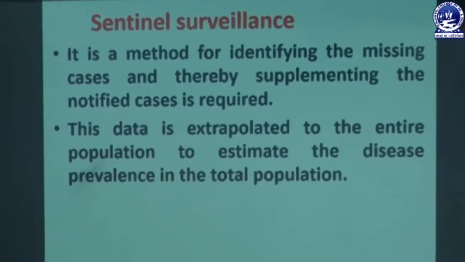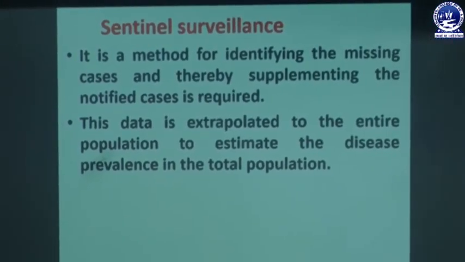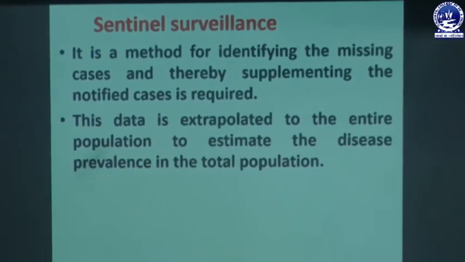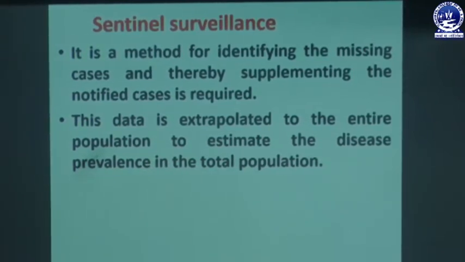Next is sentinel surveillance. It is a method for identifying the missing cases and thereby supplementing the notified cases. This data is extrapolated to the entire population to estimate the disease prevalence in the total population. The advantages of such a system are that the reporting biases are minimized and feedback of information to the providers is simplified.